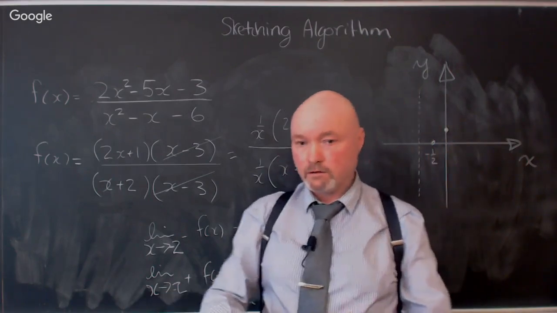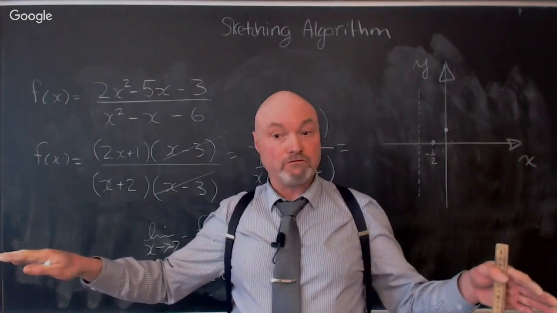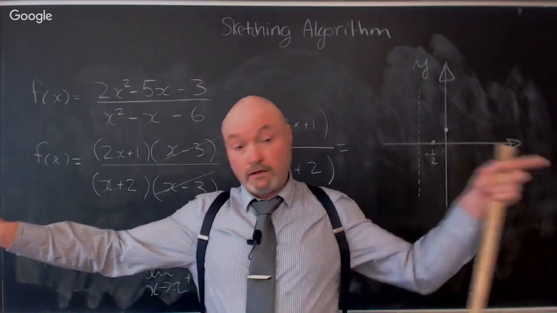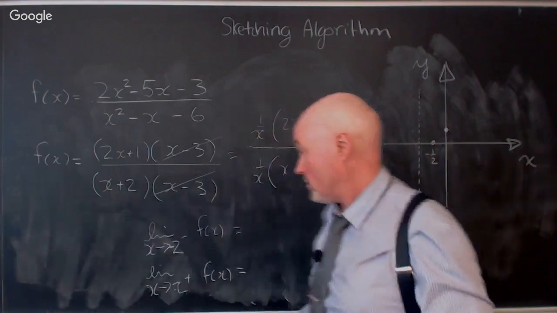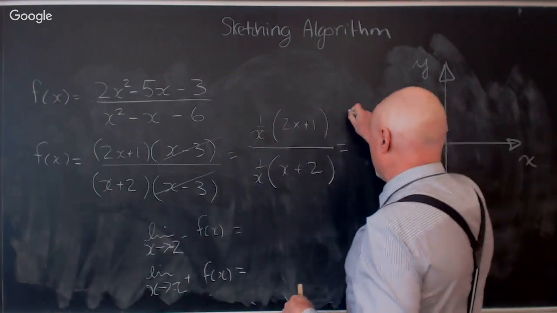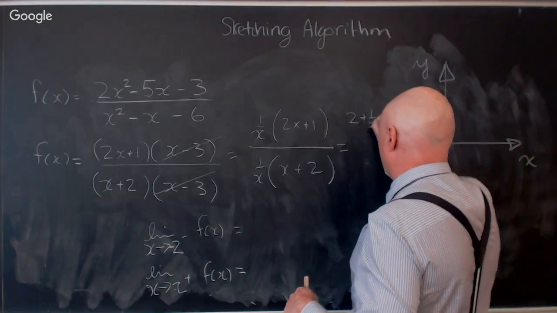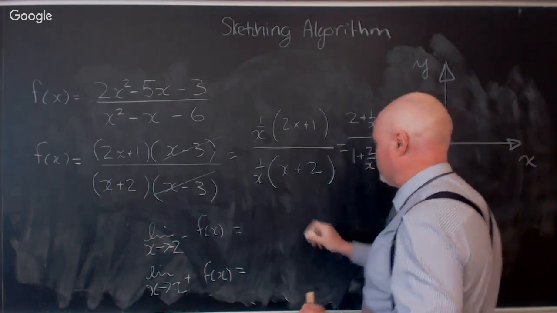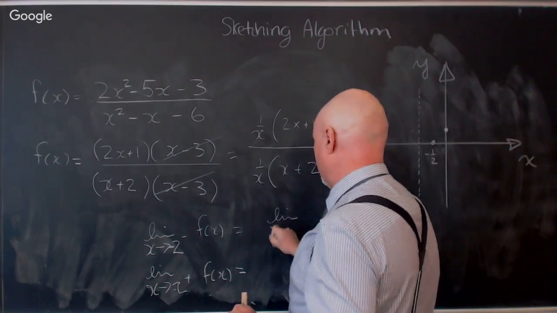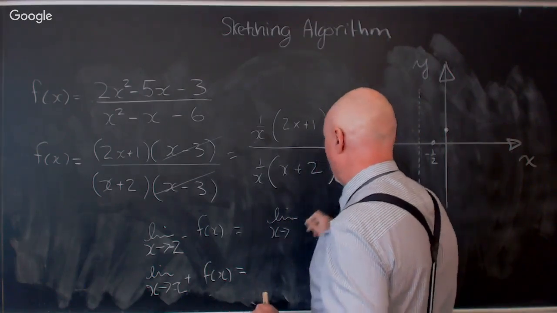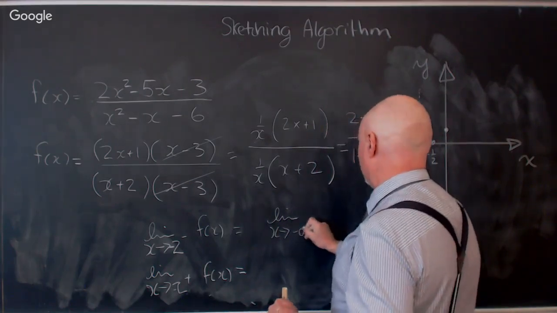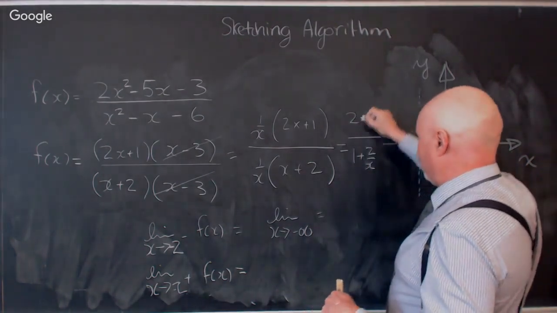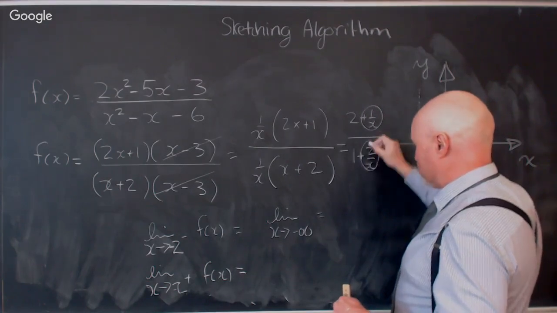So we are looking for what value the function tends to as x heads for negative infinity and positive infinity, okay? So this becomes 2 plus 1 over x, and this becomes 1 plus 2 over x, okay? So the limit as x goes to negative infinity, this is going to be a small value, this is going to be a small value.